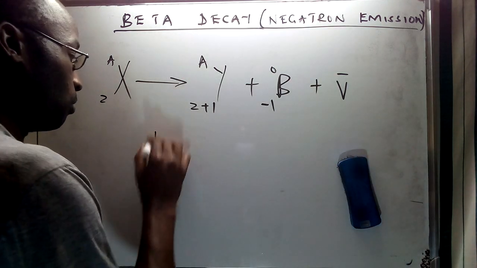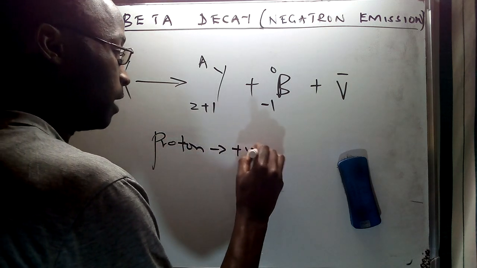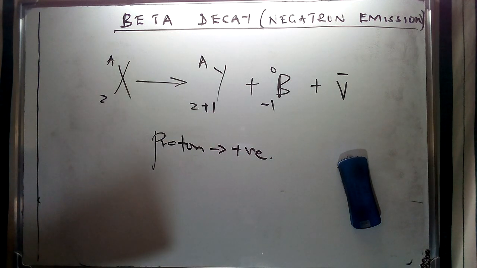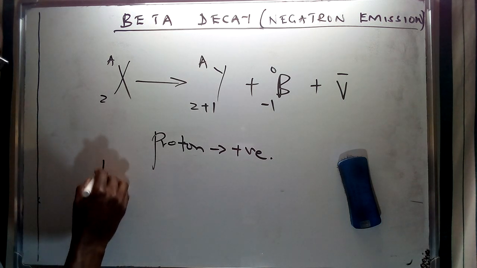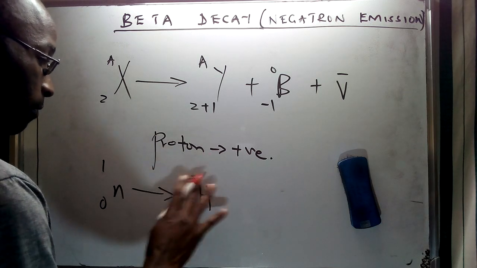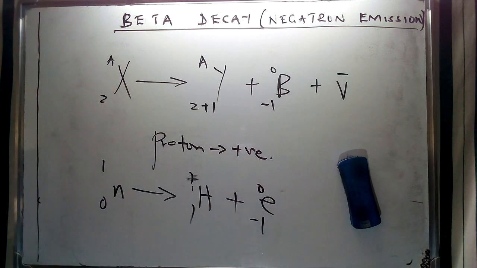So the addition of a positive charge in the nucleus results from the decay of a neutron into a proton, plus an electron. This is the overall equation experienced in this case.